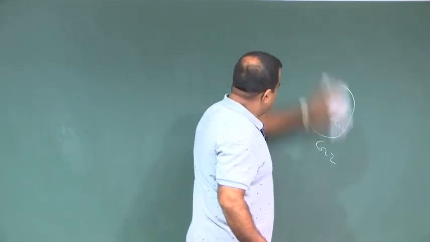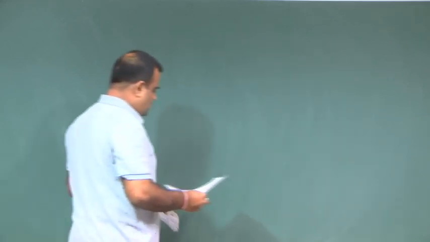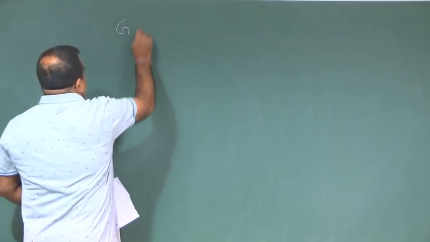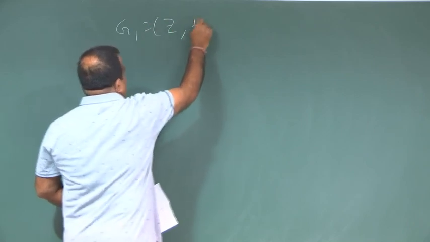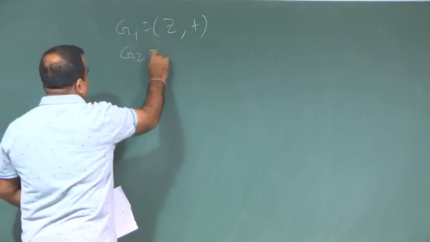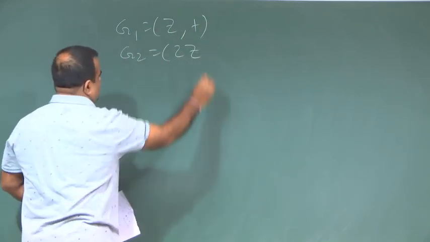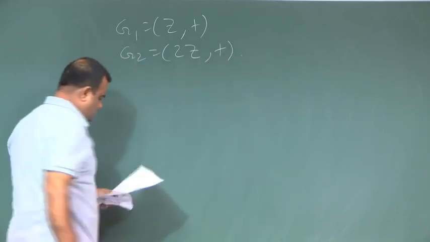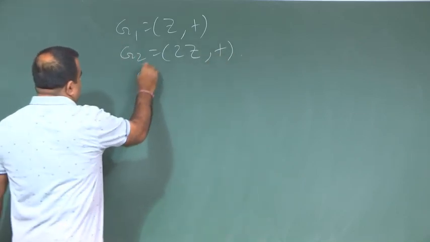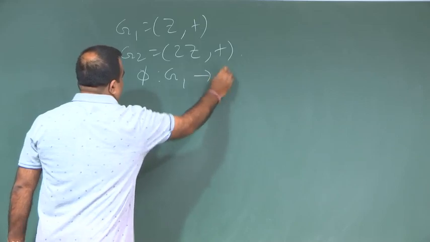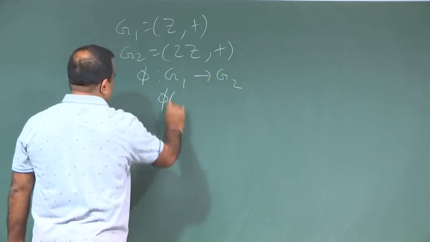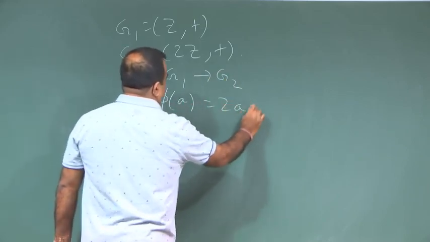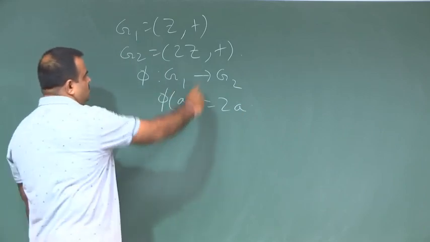Another example is, if we take two sets, G1 is Z and G2 is the even integers 2Z. Now, we define a mapping from G1 to G2 such that phi of A is equal to 2A. So, this is a mapping from this set to this set.